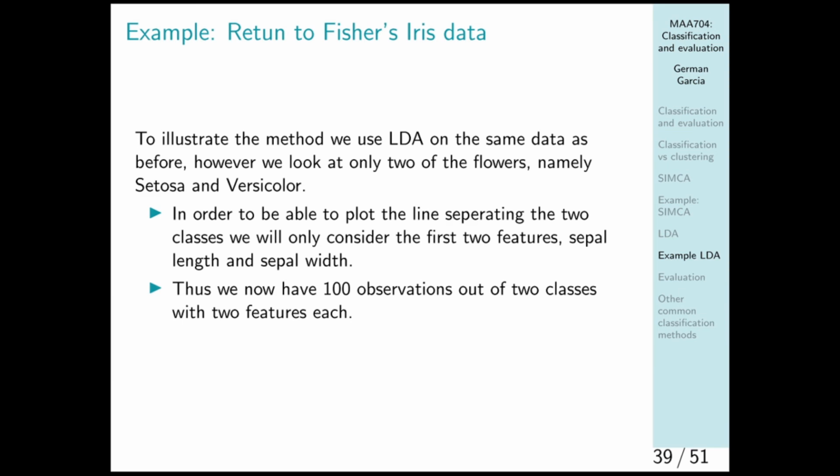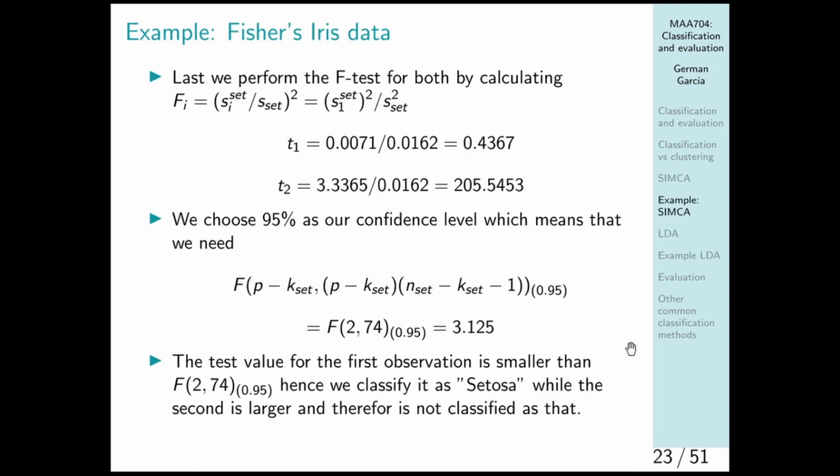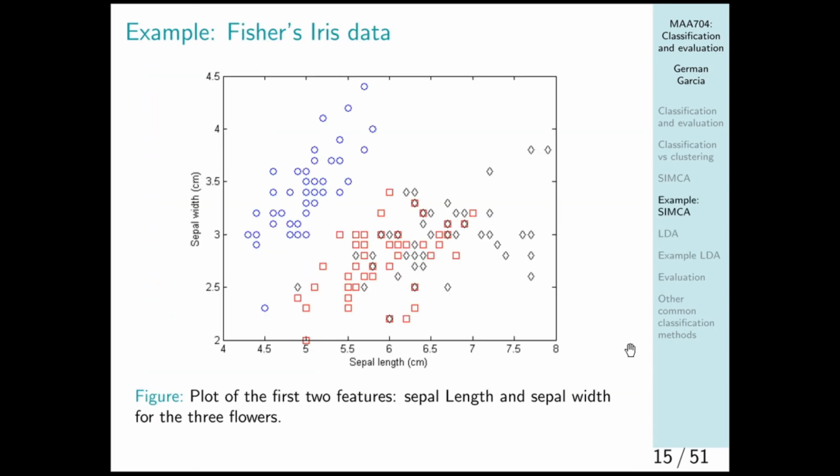But now, let's see how linear discriminant analysis works with an example. We're going to go back to the example with the flowers. This one, where we have setosa here. These red ones I think are called versicolor or something like that.